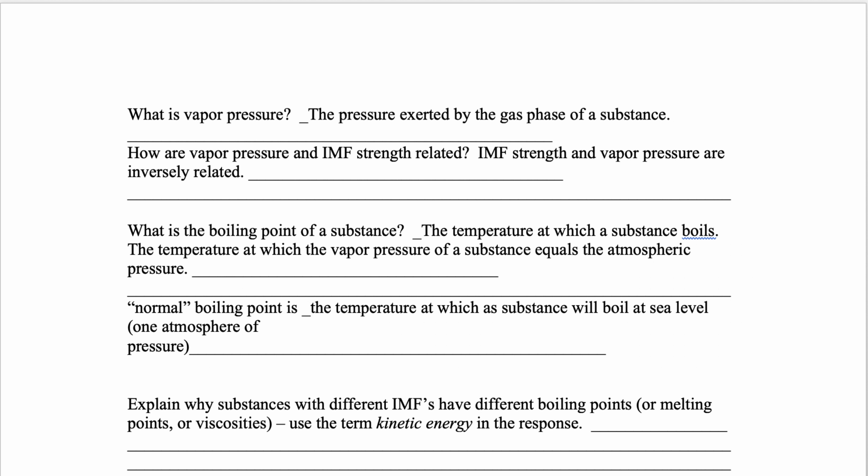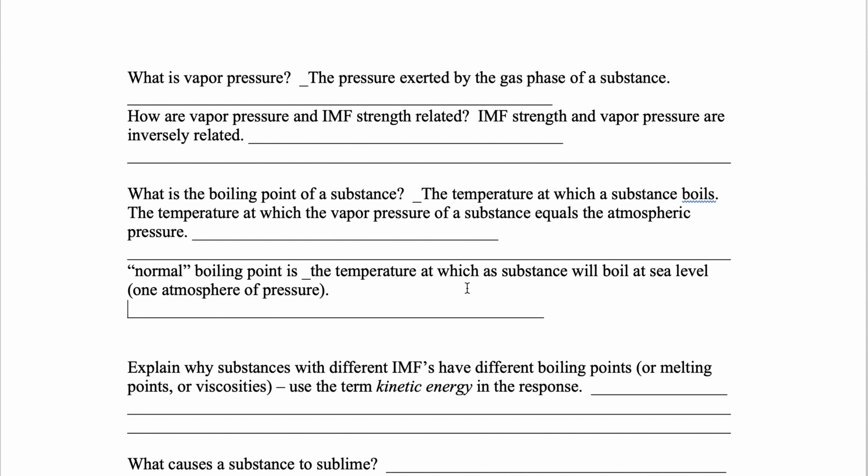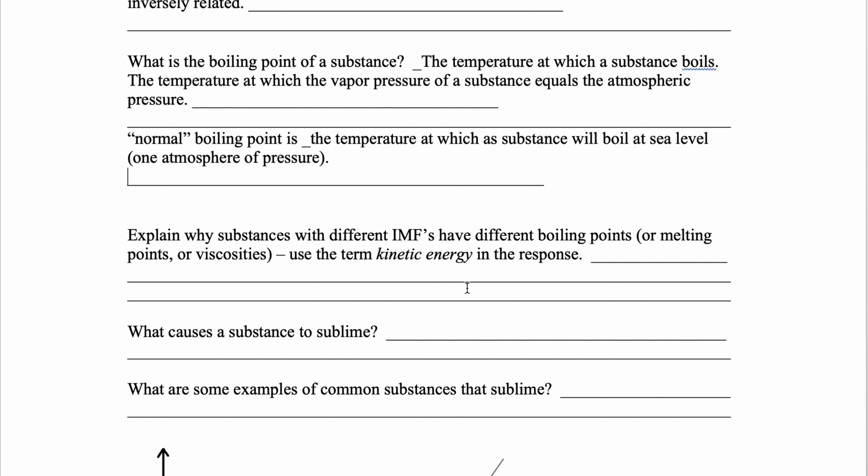And we will talk about atmospheres of pressure a lot when we get into gas laws. But the normal boiling point is kind of a comparison for other boiling points of substances, and so the normal boiling point is the temperature it boils at sea level.